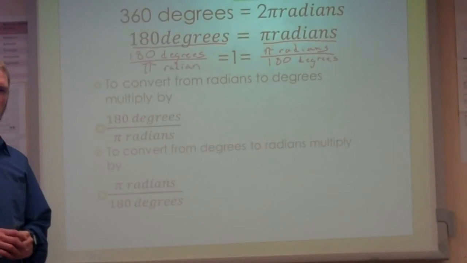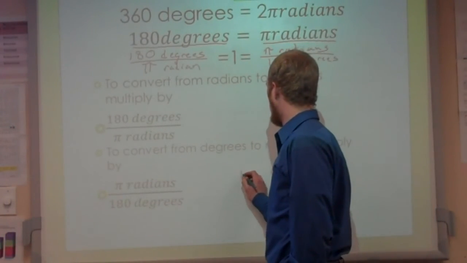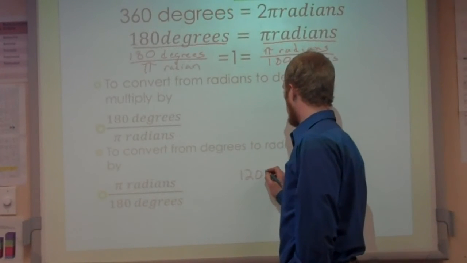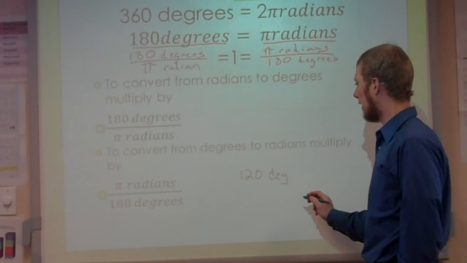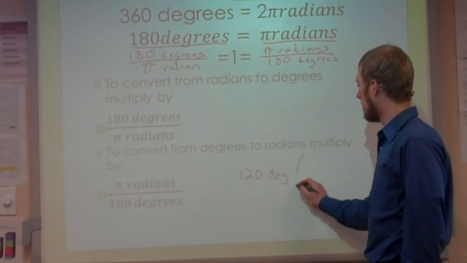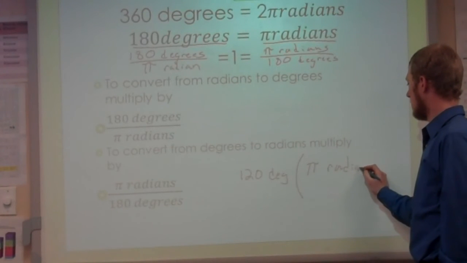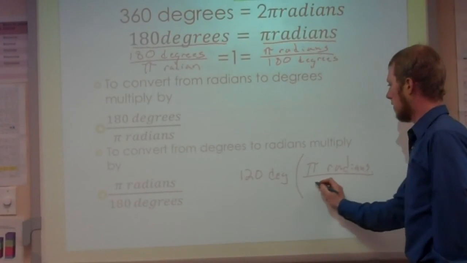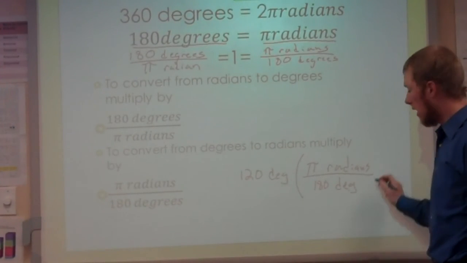And the same sort of thing holds true where, let's say I had 120 degrees. I would multiply it by pi radians over 180 degrees.